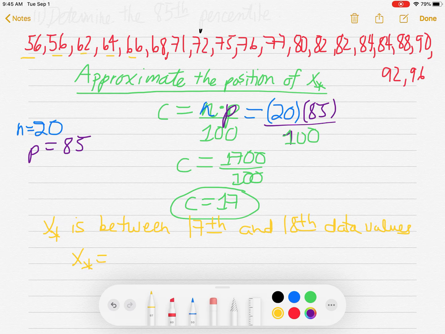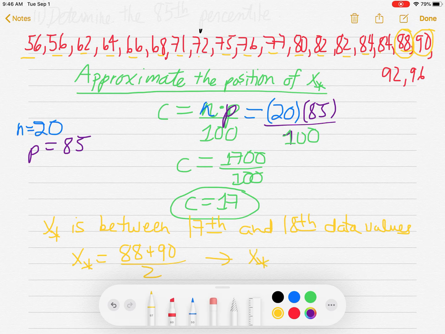So let's count off to the 17th. 1, 2, 3, 4, 5, 6, 7, 8, 9, 10, 11, 12, 13, 14, 15, 16, 17. So there's the 17th, and here's the 18th. So halfway between 88 and 90 is going to be 89, or you could say 88 plus 90 divided by 2. Just average those together.